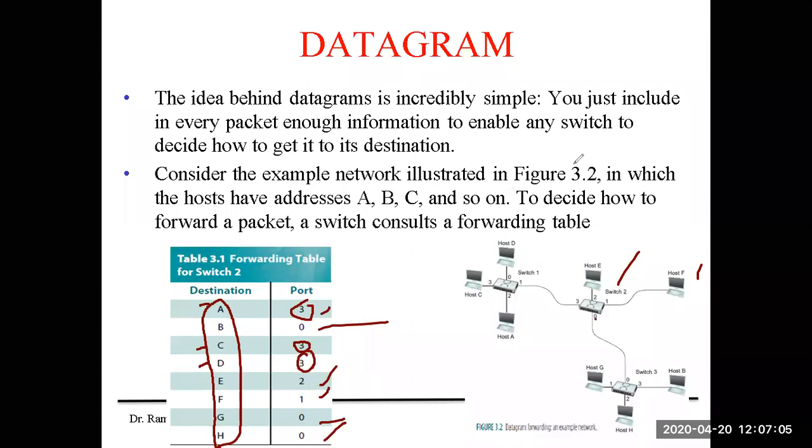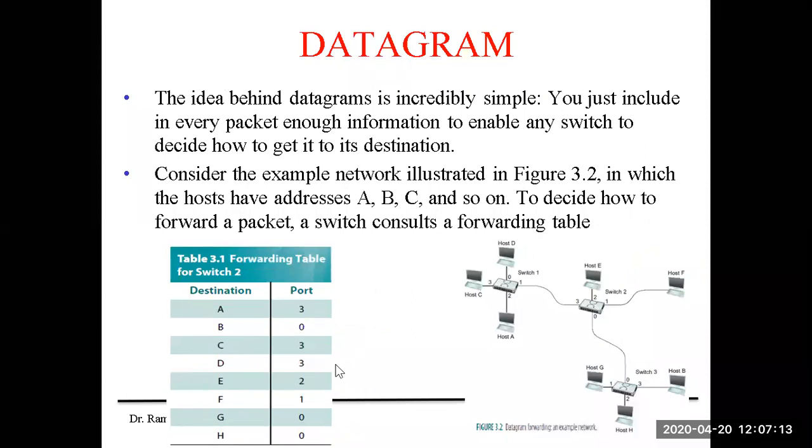Whenever it has to pass packets to a particular host, it knows through which port number to send them. The outgoing or incoming lines are connected to the switch through ports, and ports are the deciding links.